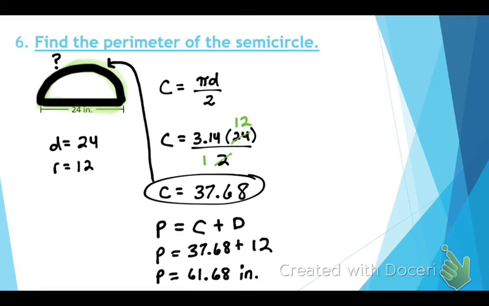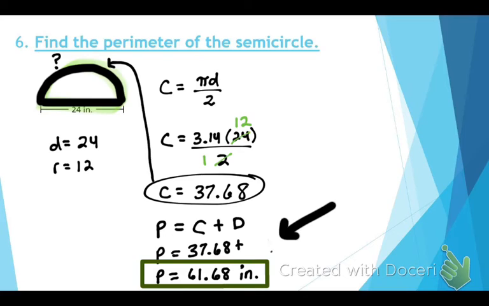And should I square my units? No, why not? Because I'm finding the perimeter, not the area. All right, just kidding. We were not supposed to add 12 there. What were we supposed to add there? 24. Okay, we still got the right answer. We just hadn't put the right thing in there. But it is 61.68.